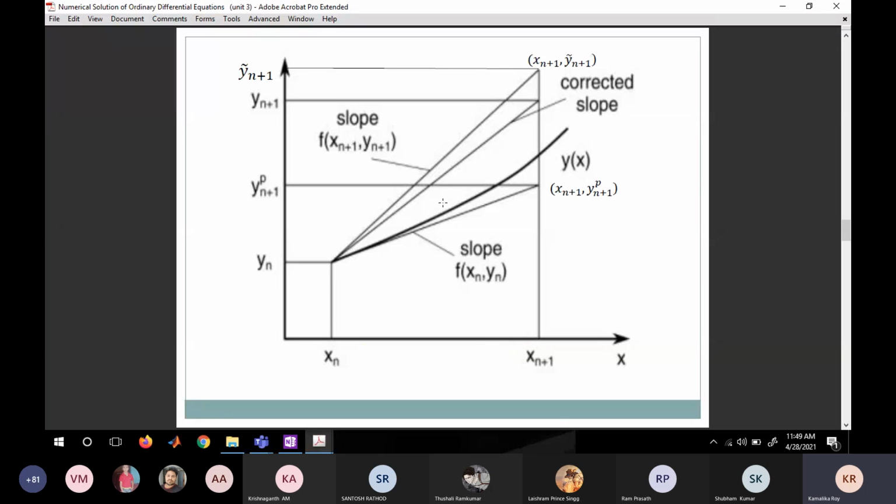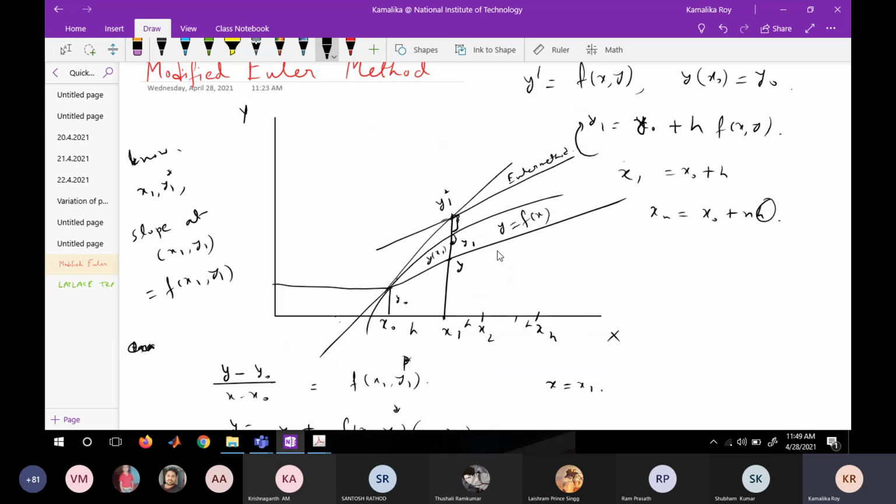Here also you can see, firstly we find the tangent here, then we draw a tangent with the slope f(x1, y1), then we take the average. You have two guesses, one is y1 tilde and another is y1 star. The average of these two will give you the actual approximation.